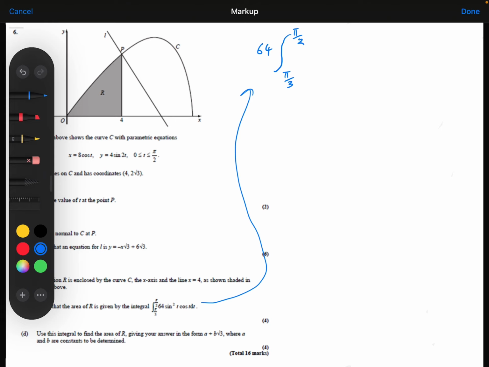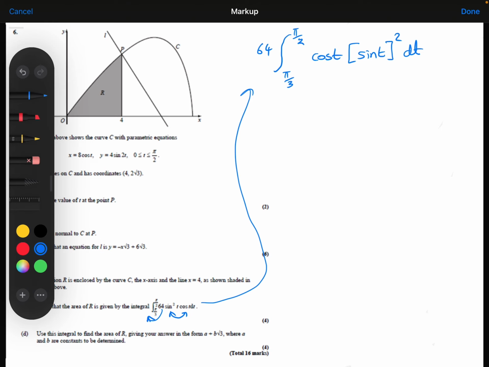I'm going to rewrite it so that I have a cos at the front, and this is my sine squared. So all I'm doing here is taking the 64 on the outside, and then I'm swapping these around. It doesn't matter which way around we're multiplying these. And then I'm writing the sine squared as sine t all squared.